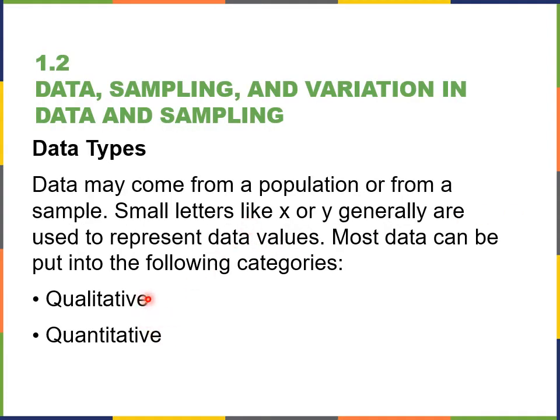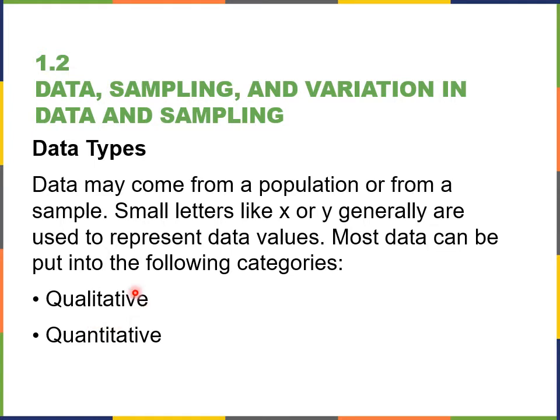So we broke our data into really these two types, qualitative and quantitative. Qualitative is the categorical value, and quantitative is the numerical value. And so, whether we're talking about the amount of money someone spent on something or what their party affiliation is, that would be the difference between qualitative and quantitative.